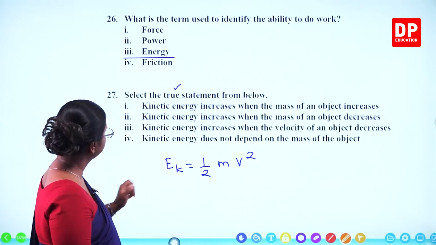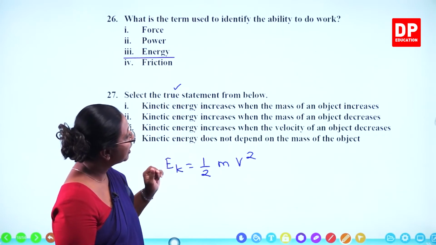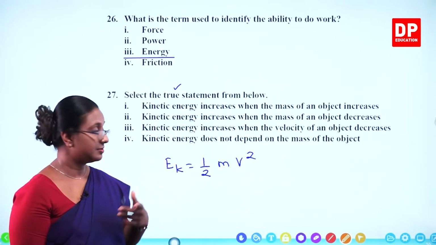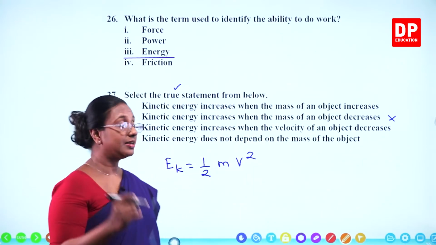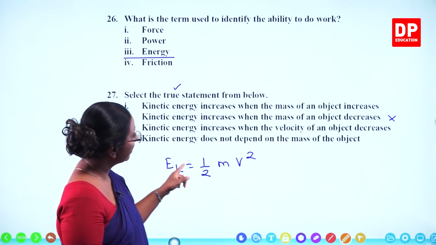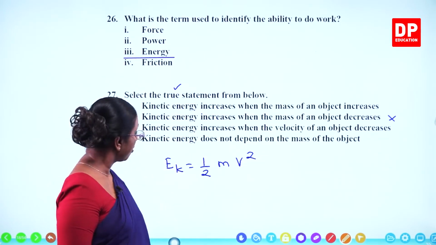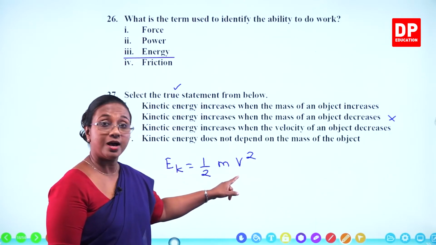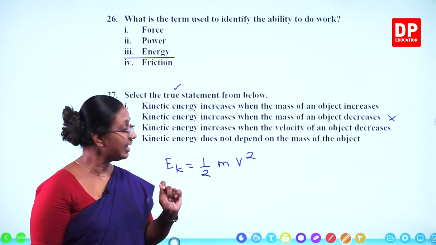That is correct. Second one, kinetic energy increases when the mass of an object decreases. That is incorrect, because when mass increases, kinetic energy increases. Kinetic energy increases when the velocity of an object decreases. That is also wrong. Here you can see v squared. So when velocity increases, kinetic energy will increase.